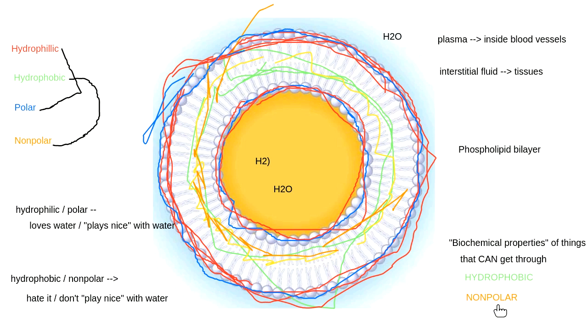So things that are hydrophobic, things that are nonpolar, which means the same thing, right? It means that we don't play nice with water or we can't be around water. Those are the kind of things that if they're on one side of the membrane, they can go straight across to the other side of the membrane, or if they're here inside the cell, they can go straight through the membrane to get out of the cell.